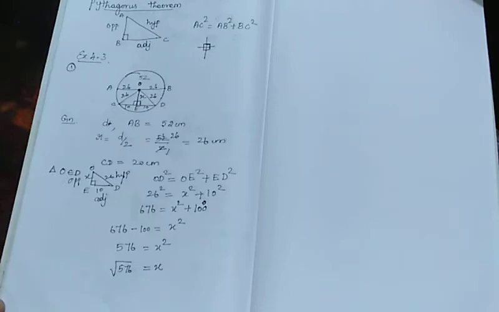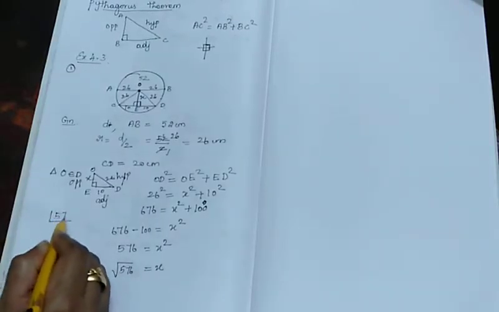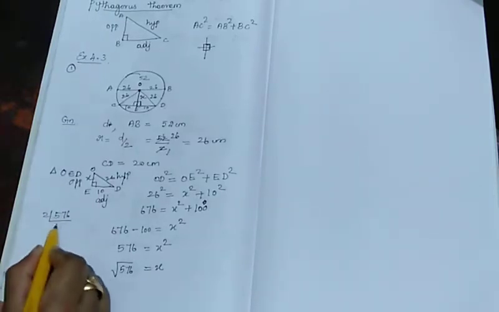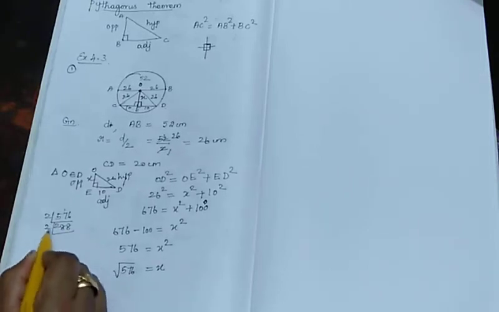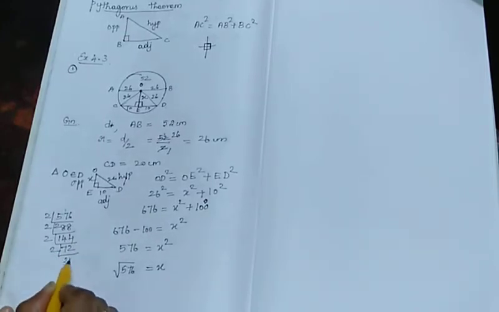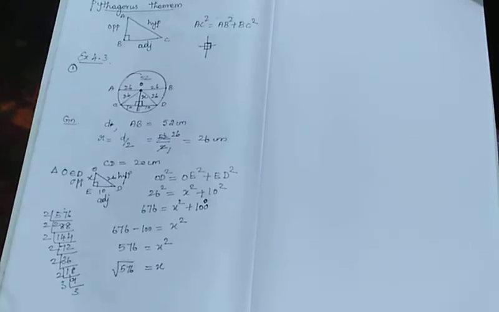Since it is a bigger number, how will you find the square root? By the L method. So 576: 2 2s are 4, 1 balance, 8 2s are 16, 2, 1, 4, 4, again 2, 72, again 2, 36, 2, 18, 2, 9, 3, 3.